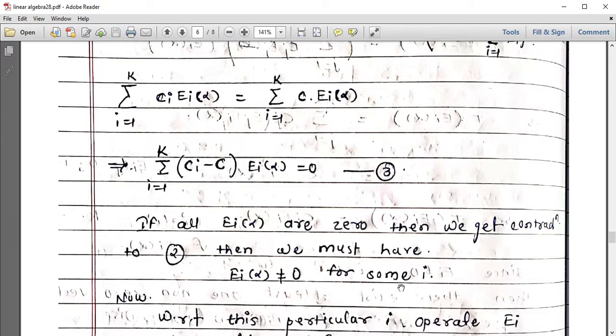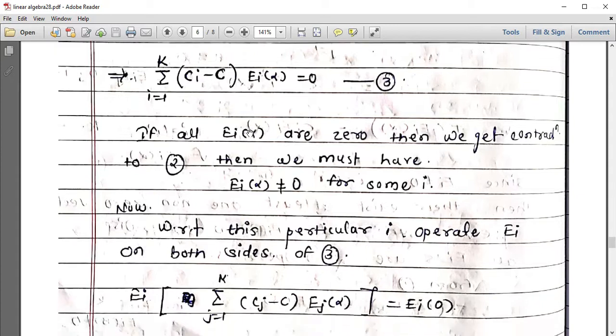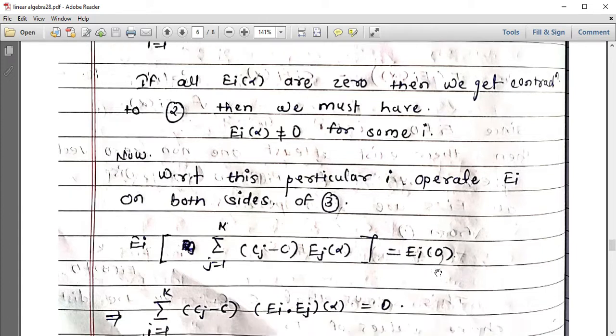Hence, with respect to this particular i, operate Ei on both sides of 3. Apply Ei on this equation. Ei of summation j running from 1 to k of Cj minus C times Ej of alpha is equal to Ei of 0.